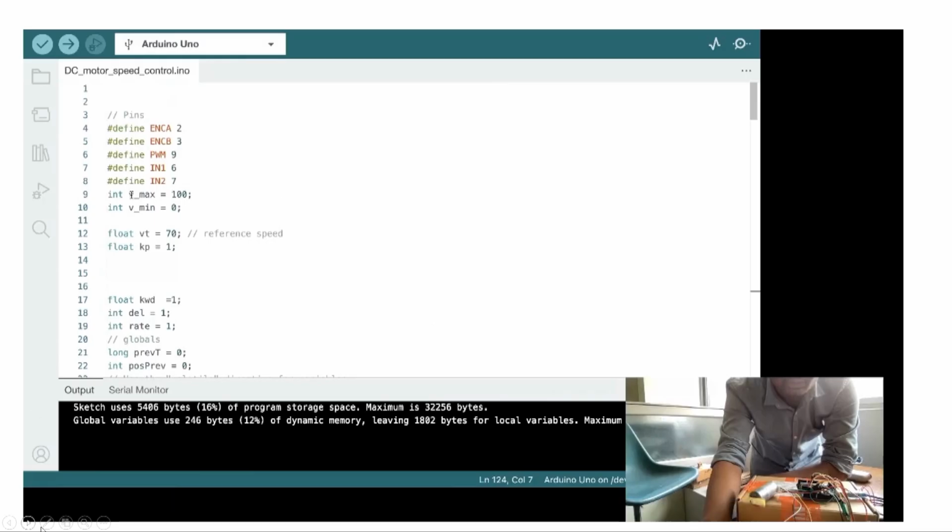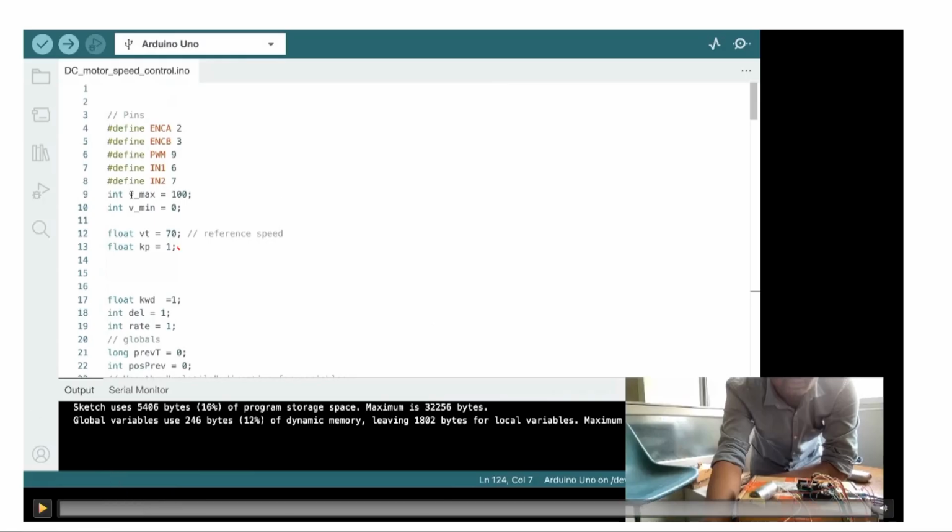So you see the Kp value in this video is 1 here, you can see that, right, and the reference here is 70 as I told, okay. These are the maximum and minimum, so forget about that since I am not discussing the code here. So let's see what happens. You can see in the video the motor is here, okay.